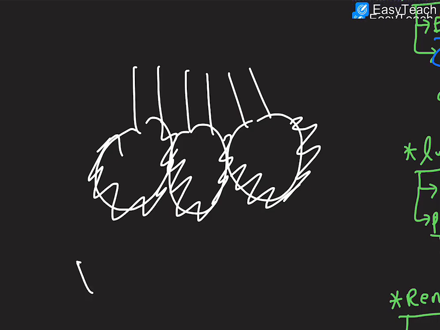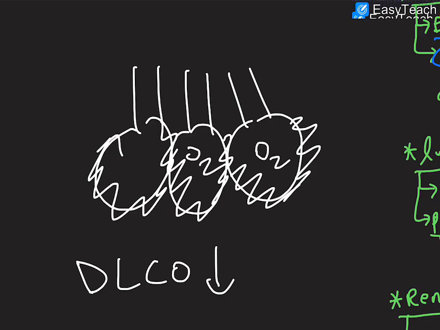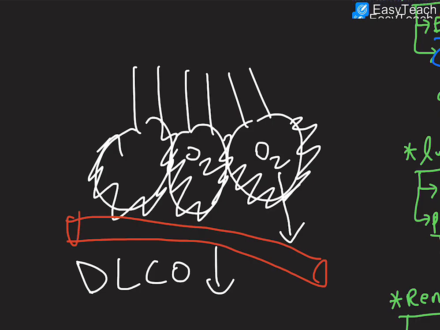This basically measures how well the oxygen in your lungs diffuses from your lungs to your blood vessels. So remember, we have capillaries flowing here. We can have a decreased DLCO value due to fibrosis of your interstitium and your alveolar walls. But that's a different point though.